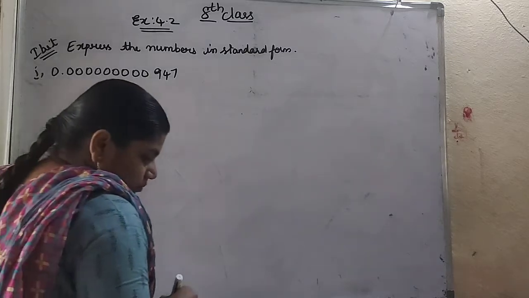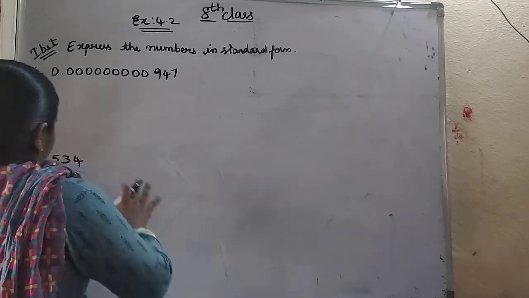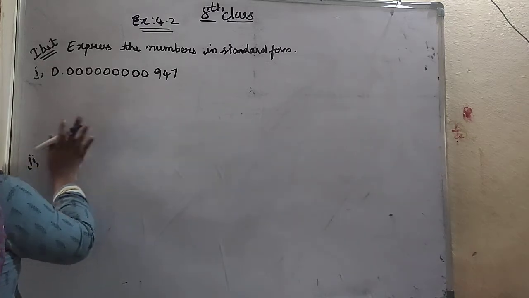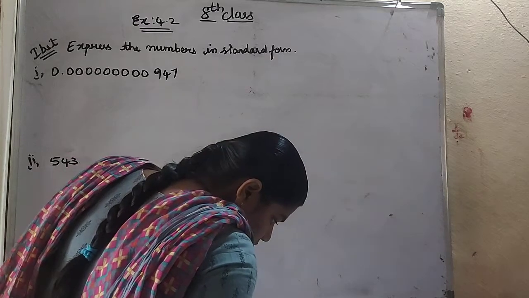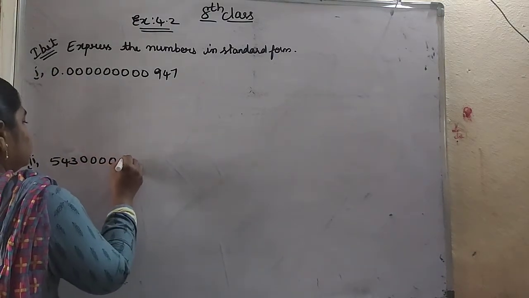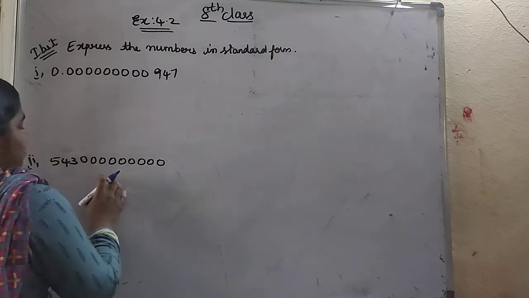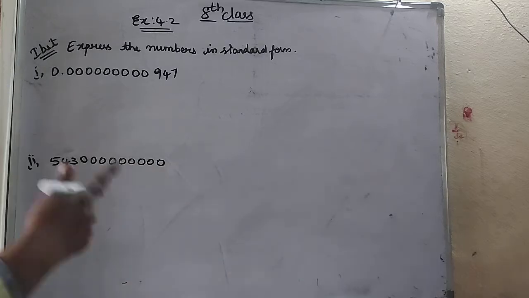So second one, sorry, 543, 9 zeros again. This is a bigger number because you are not seeing any point. That means the point is at last.